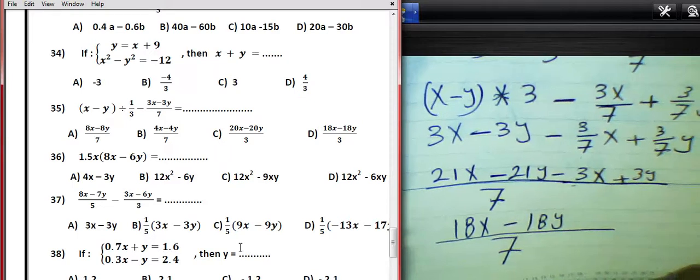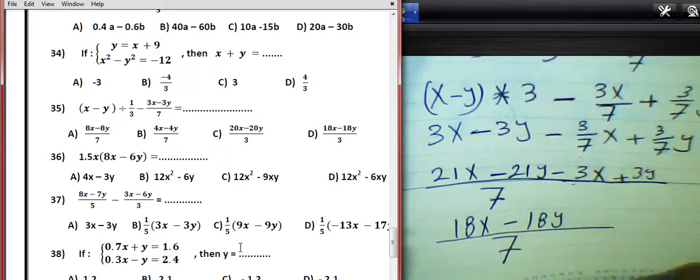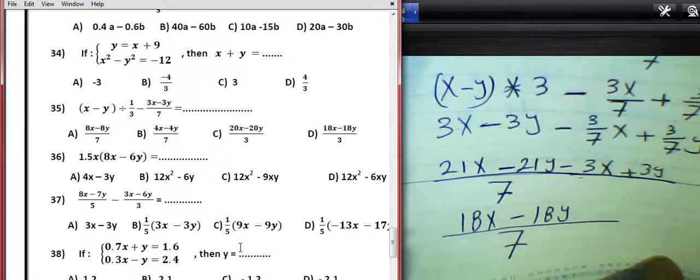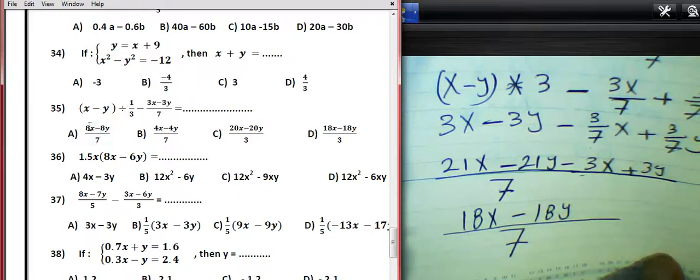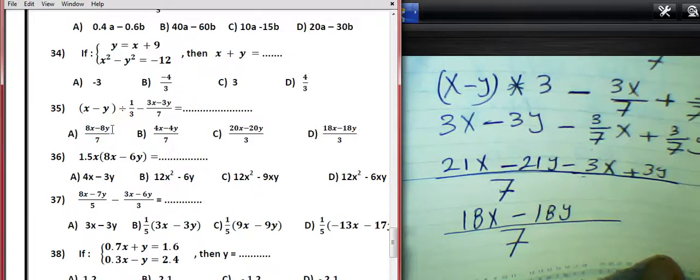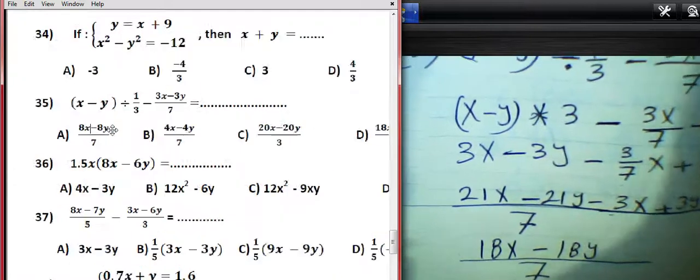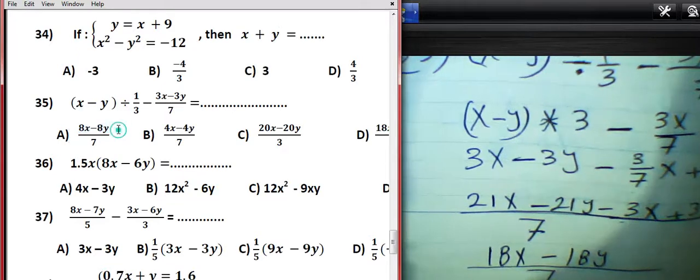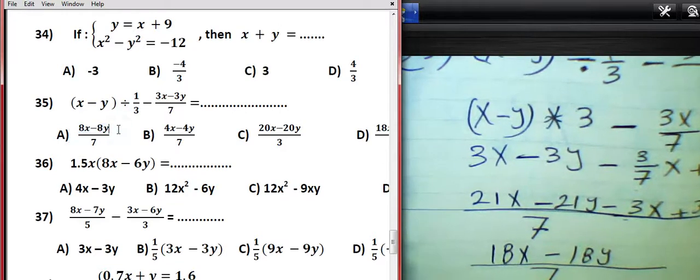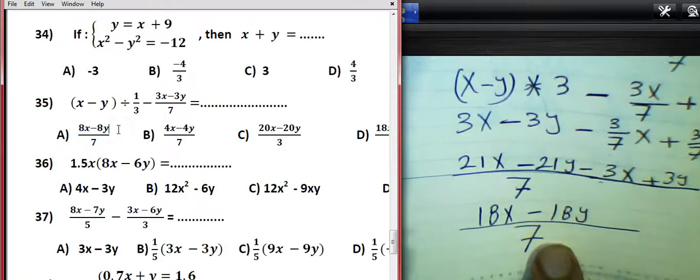We must write here 18x subtract 18y over 7. So the result will cancel this solution and write 18x subtract 18y over 7. Okay, this is the result of this example.